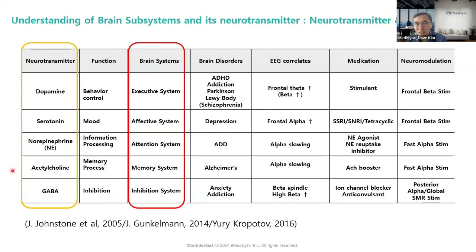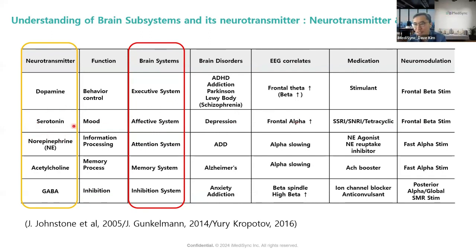And the serotonin system makes alpha rhythm. When we have serotonin deficiency, the alpha, which is usually strong in the back of the head, diffuses in the frontal area. So frontal alpha is increased abnormally. That is the serotonin deficiency.